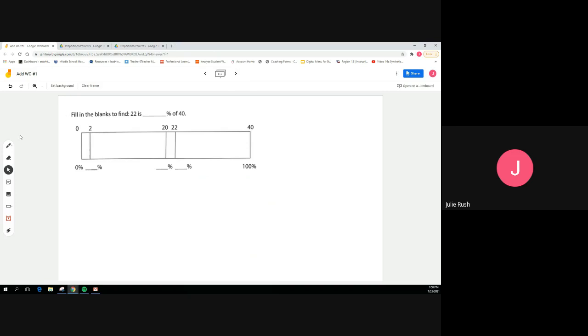And so our first problem is fill in the blanks to find 22 is what percent, notice my percent is what I'm looking for, of 40. So remember our little anchor here where I said the percent always goes here. 100 is always the denominator of our percent.